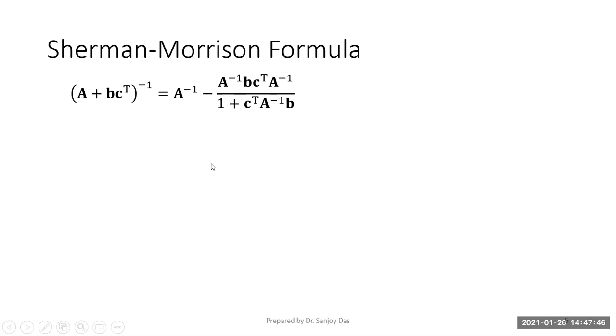Okay, now in general, you cannot have division by a matrix, right? But here in the denominator, C transpose A inverse B is a scalar. Okay, and you can verify that. C transpose A inverse B will be a scalar. So this is a scalar quantity in the denominator.